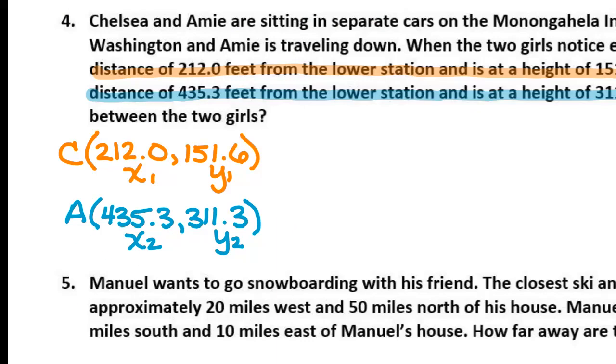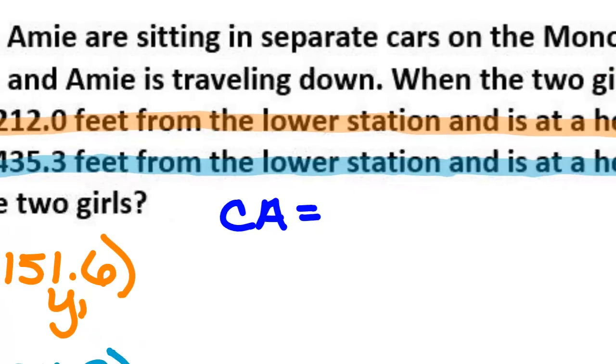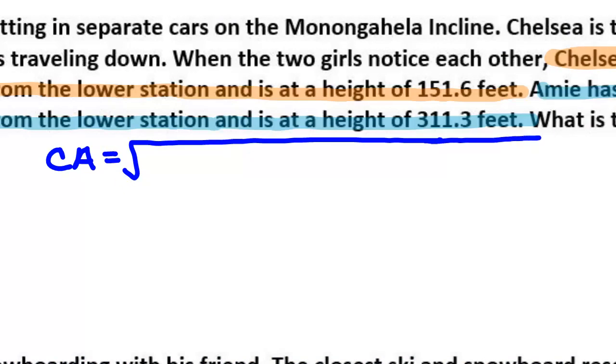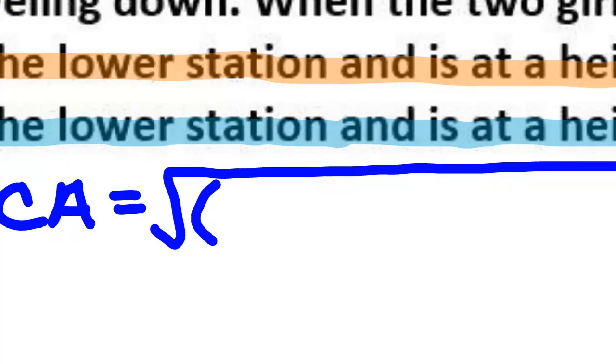Beautiful. So we're going to find the distance from Chelsea to Amy. So from C to A equals, and we need a big long square root sign here. Even longer than that. We got some big numbers we're going to be putting in here. First set of parentheses, we do x2 minus x1.